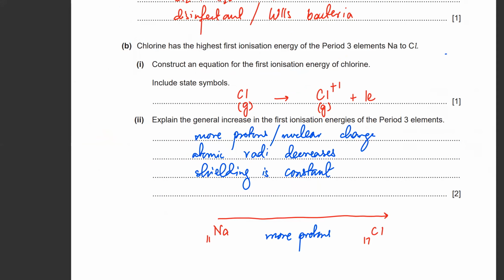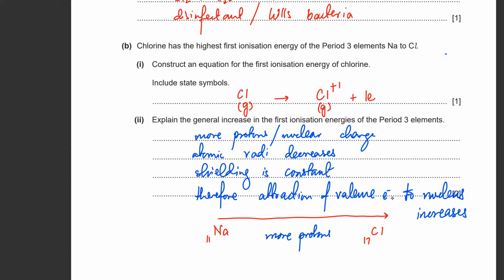So make sure you write one statement at the end whenever you're describing. Therefore, because of the above, the attraction of electrons to the nucleus increases, or attraction of valence electrons to the nucleus increases. Make sure you add that.